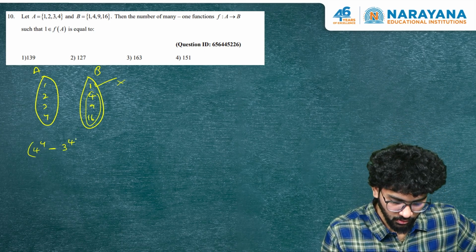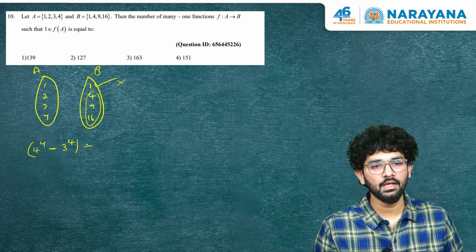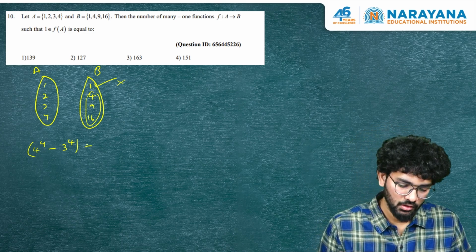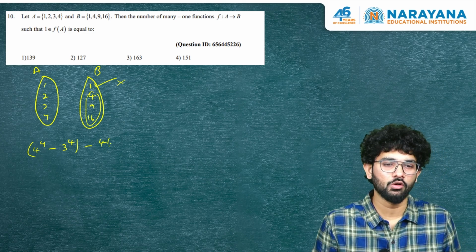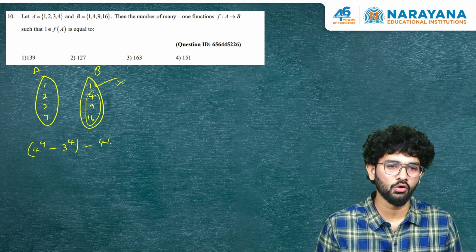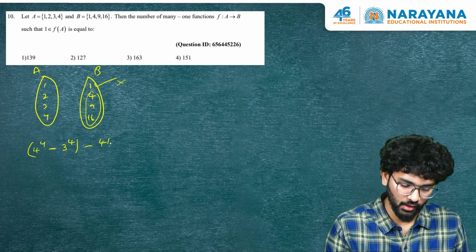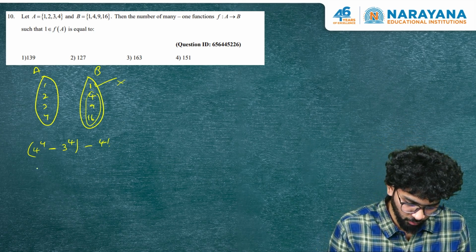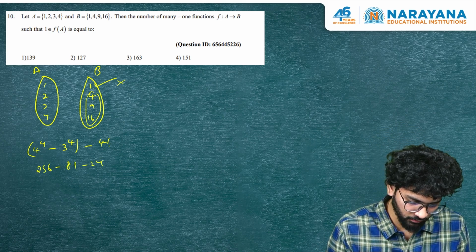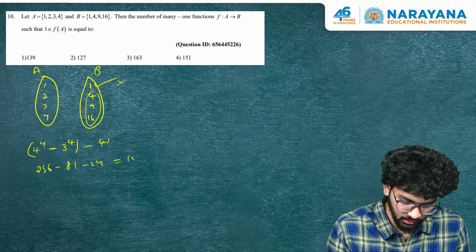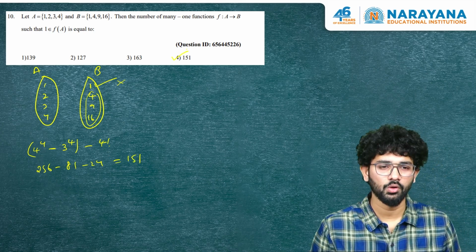Now from this, if I remove the number of non-one-one functions, then I will get many one functions. The number of one-one functions will be directly equal to 4 factorial, because n of A equals n of B. Definitely 1 must be included, and if you are not including 1, it will not become a one-one function. So 4 factorial. If you simplify this, 4 power 4 is 256, 3 power 4 is 81, minus 24. So if you simplify, you are getting 151. The answer is 151.